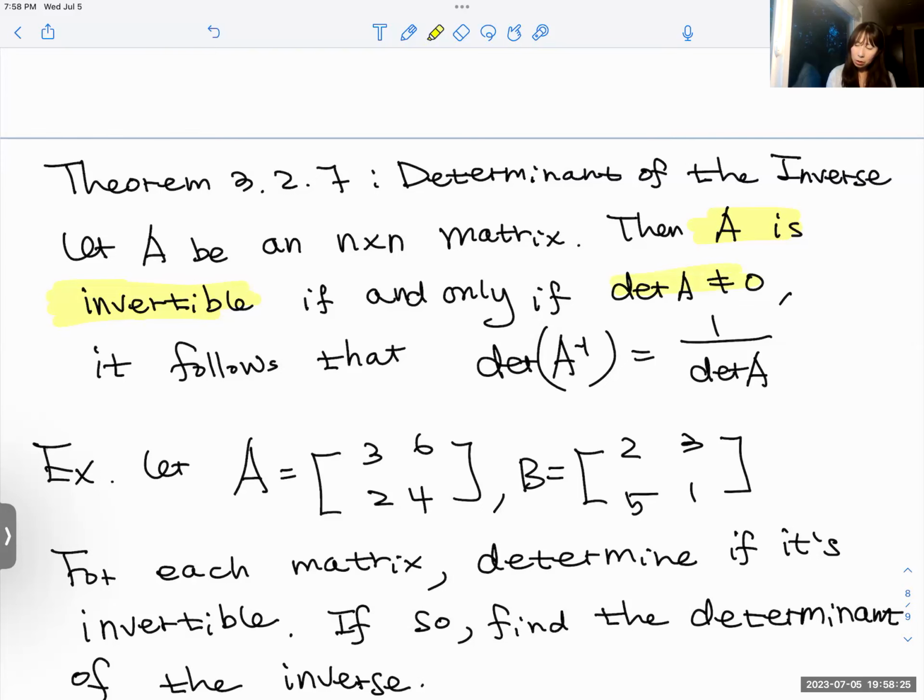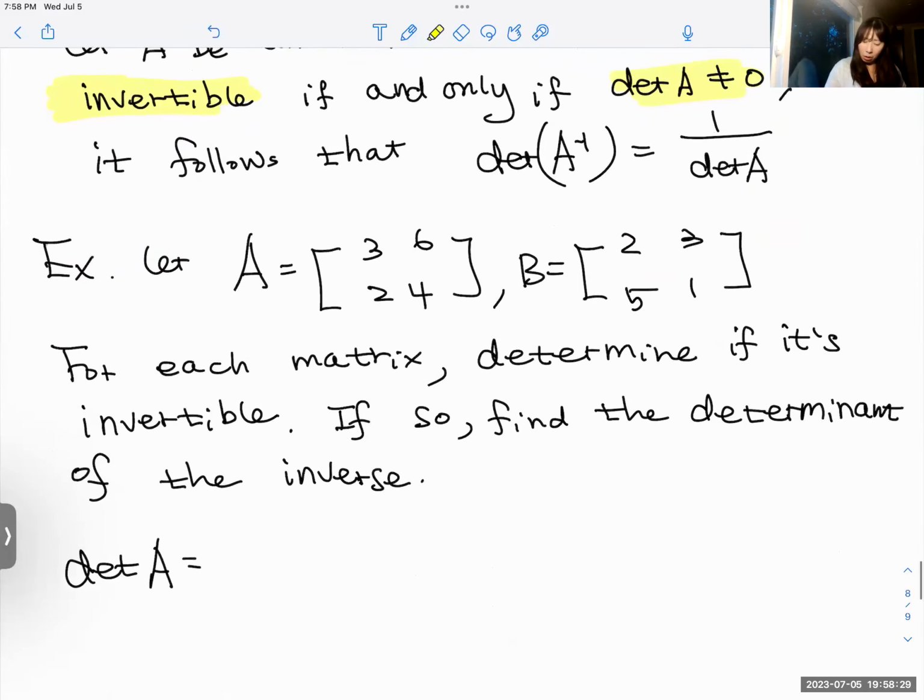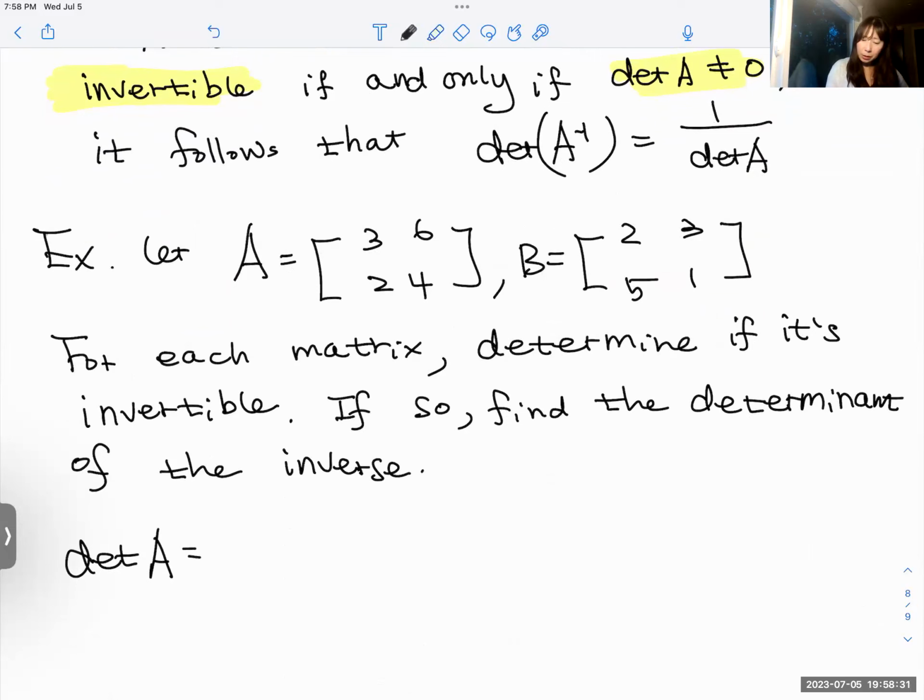Then the determinant of A, so we multiply this one, so 3 times 4 minus 6 times 2, what do you get? So 0. Thank you. So then we can conclude A is not invertible. Very good.